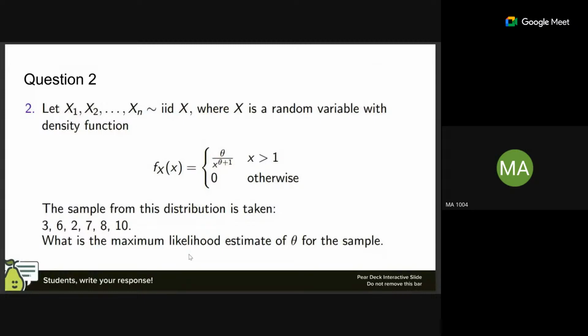Whenever we calculate maximum likelihood estimation, what is our requirement? We need the density function of the random variable. It is given to us, and some sampling is also given. We will take care of the sampling later on. First, we will find the estimation for theta. So what will be our procedure to solve this question?